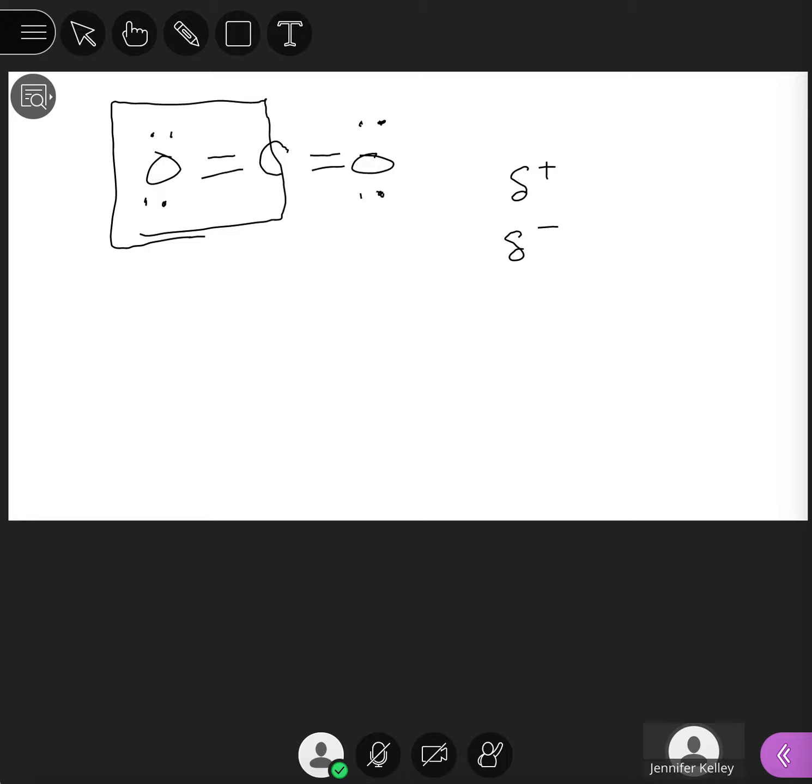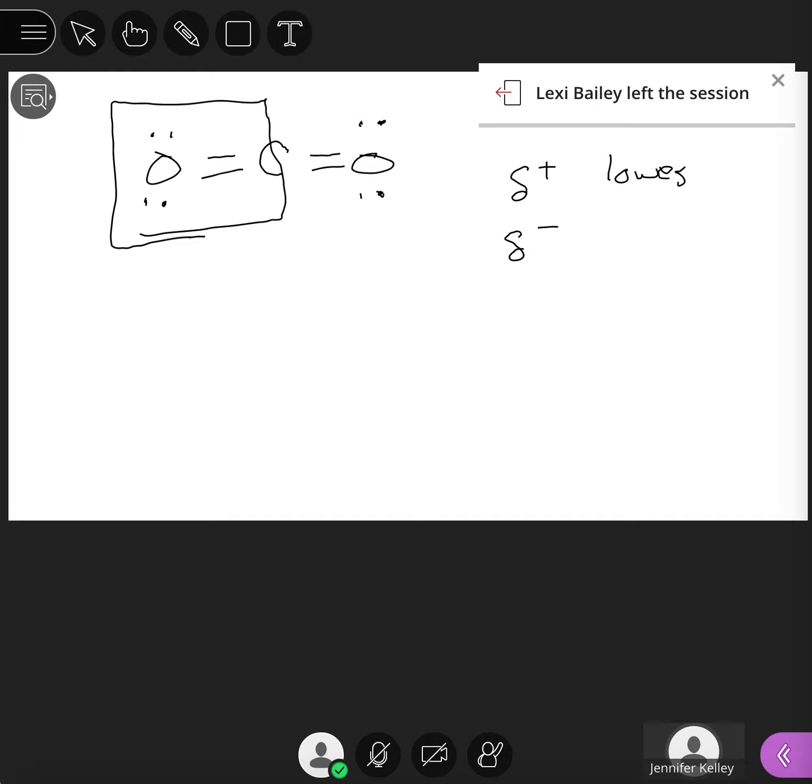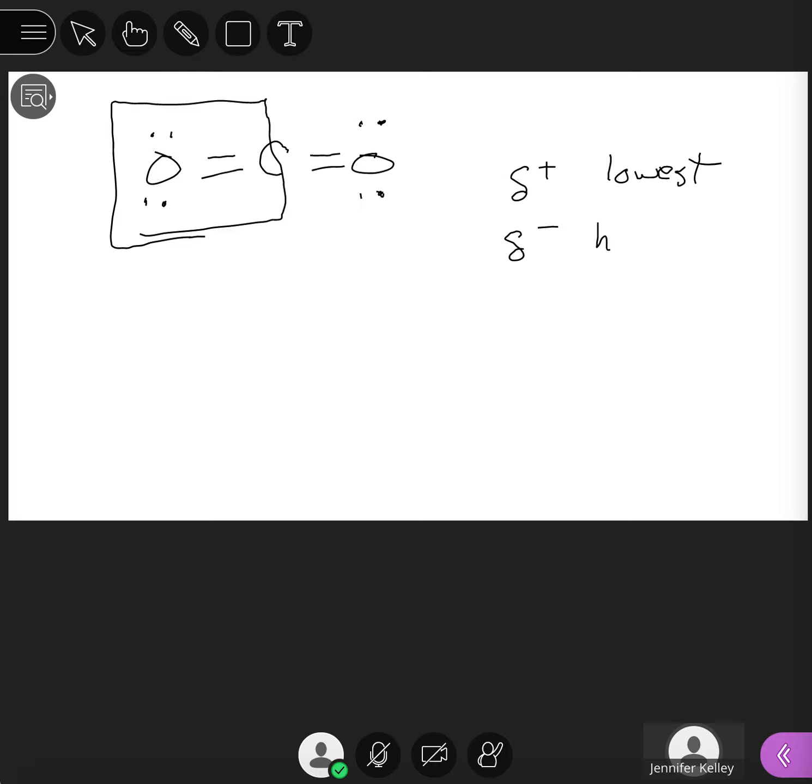They're both carbon to oxygen. The one that has the lowest electronegativity value gets the partial positive. The one that has the highest gets the partial negative. So in this case, carbon gets the partial positive and oxygen gets the partial negative.